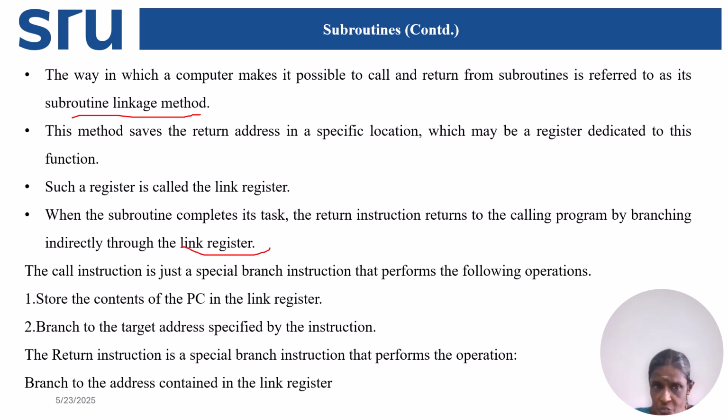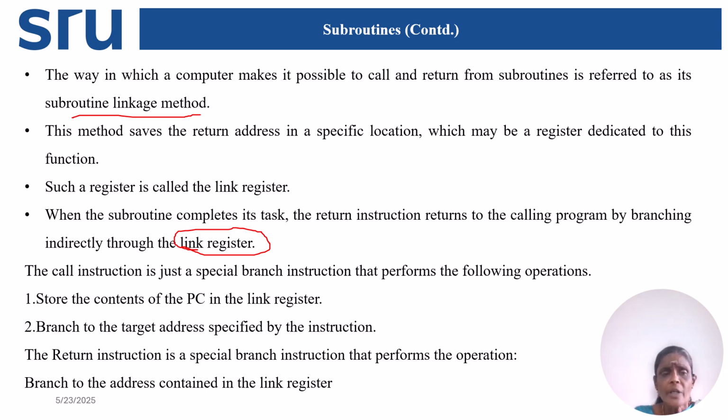This link register stores the content of the program counter, the address of the next instruction. So in this example 2003 is stored in the link register. So after the return instruction, the control goes to the link register, takes the address of the next instruction and goes to the main program. From 2003 onwards, it continues the execution.